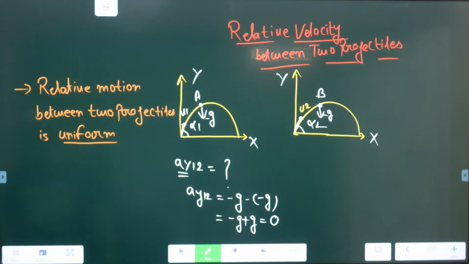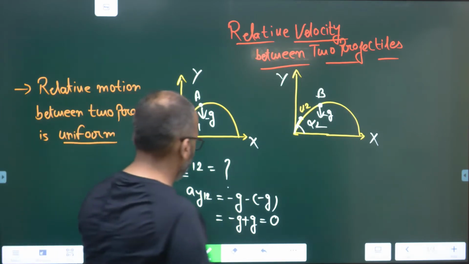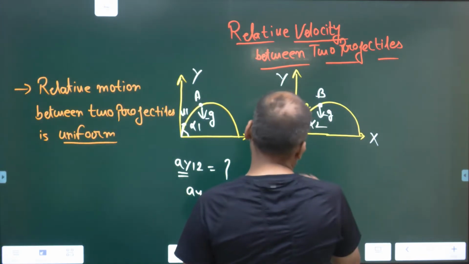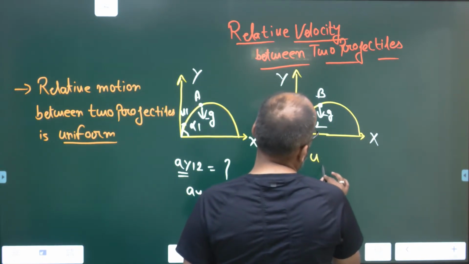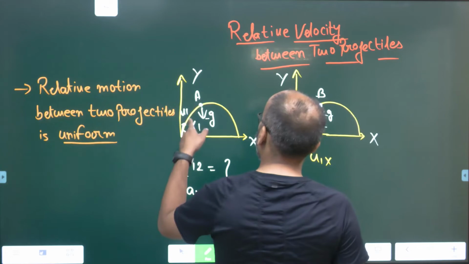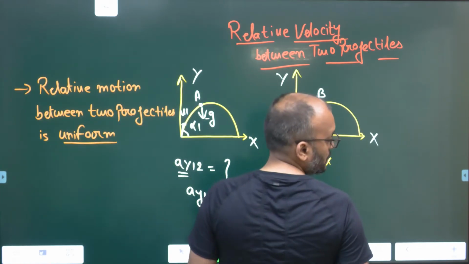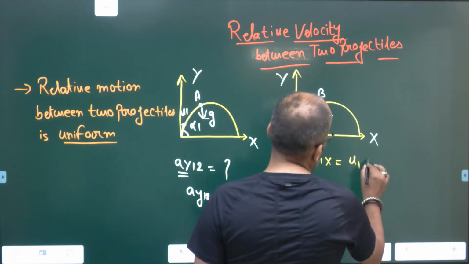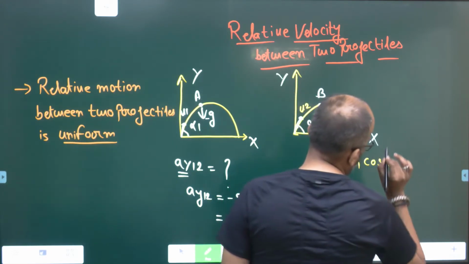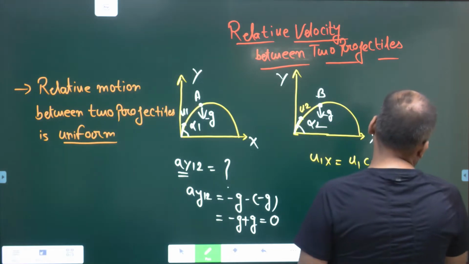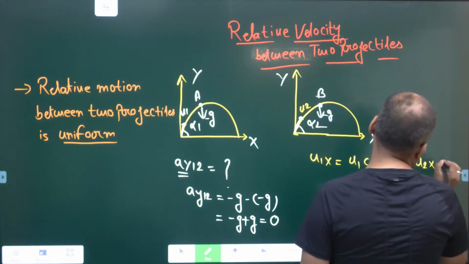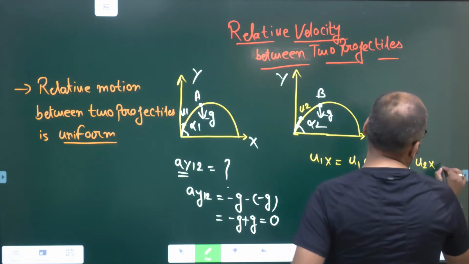Now pay attention. What will be the x component of velocity of the first projectile? It will be u1 cos alpha 1. What will be the x component of velocity of the second projectile?